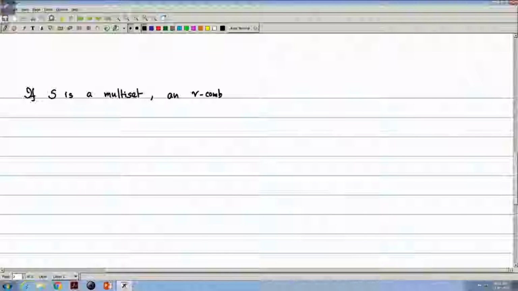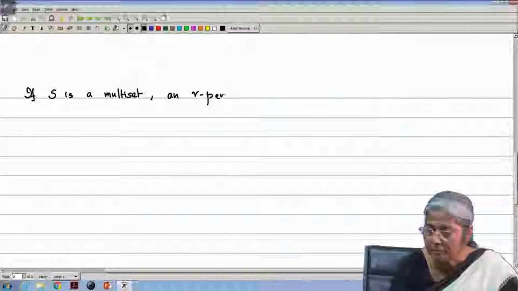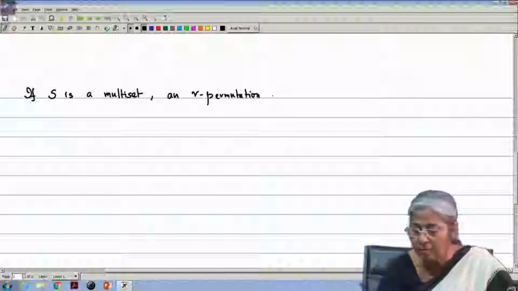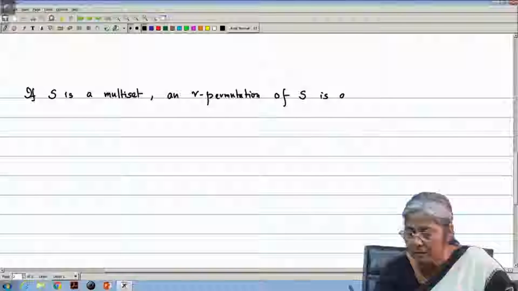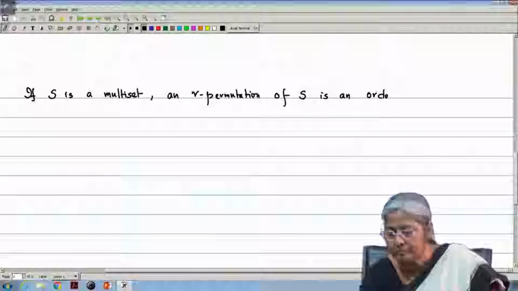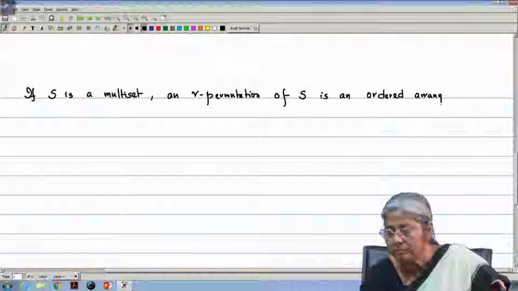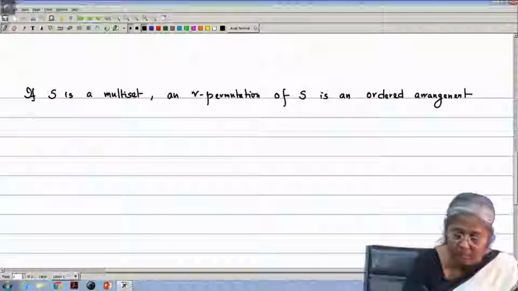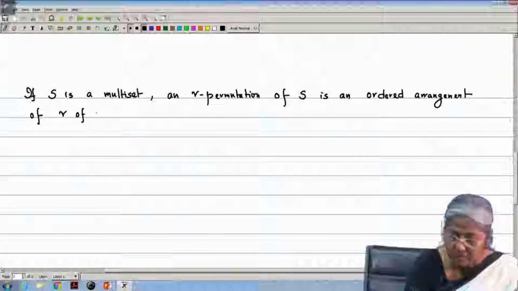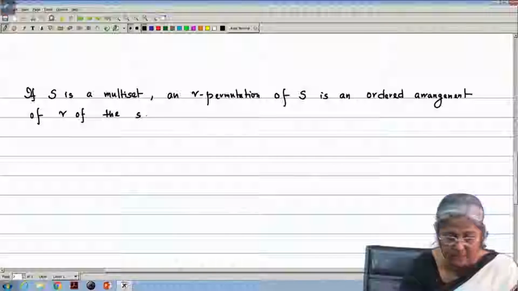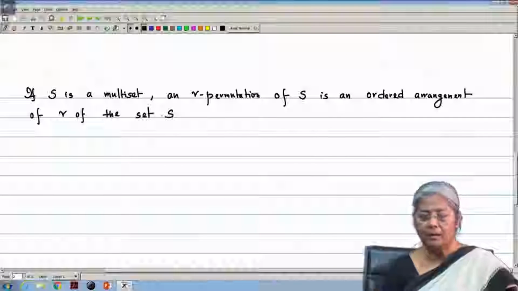So, if S is a multiset, this is about permutation, so this will be an r-permutation of S, an ordered arrangement of r elements of the set S, and S having n elements.